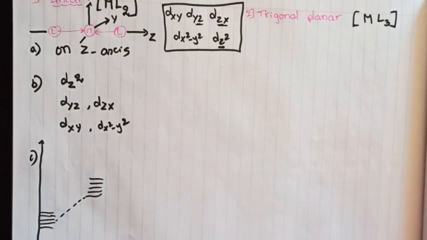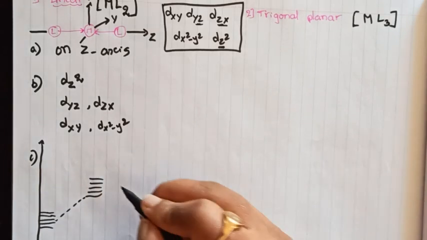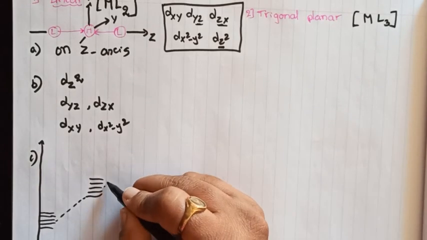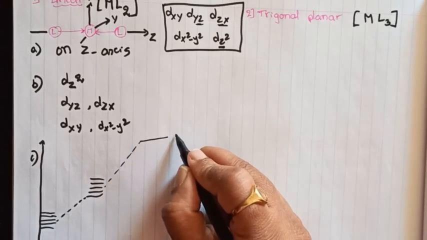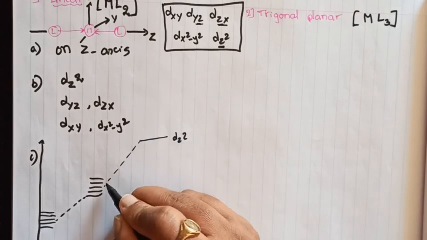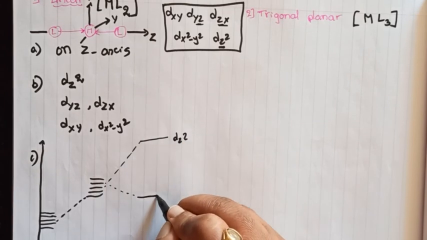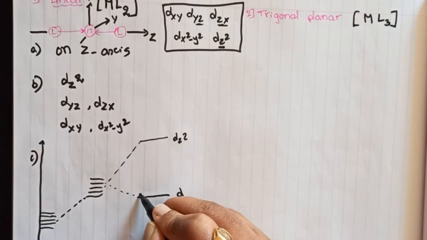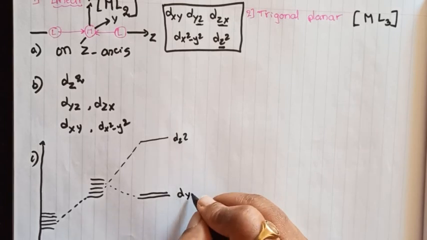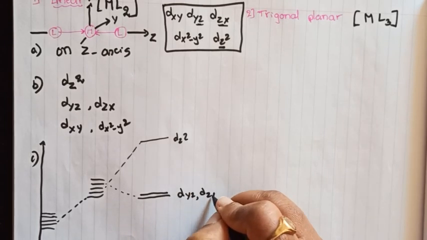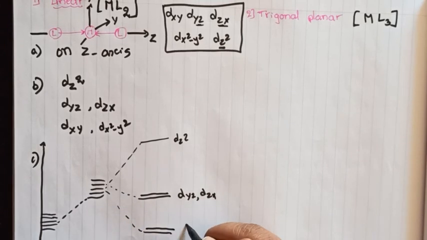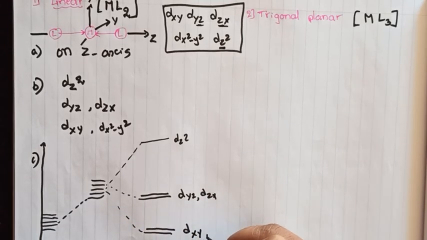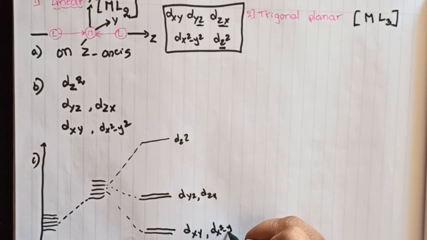How many levels are we getting in this case? It undergoes splitting into 3 levels. This is dz square, next the doubly degenerate dyz, dzx, and another doubly degenerate set, dxy and dx square y square.